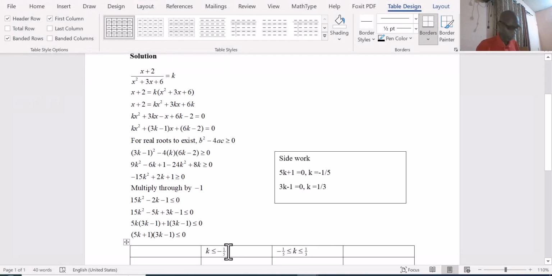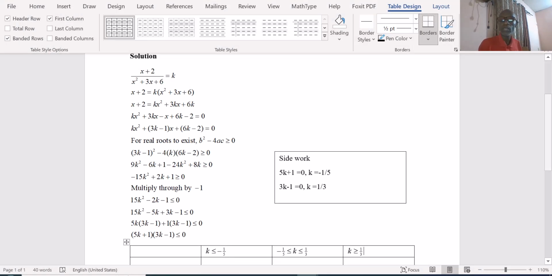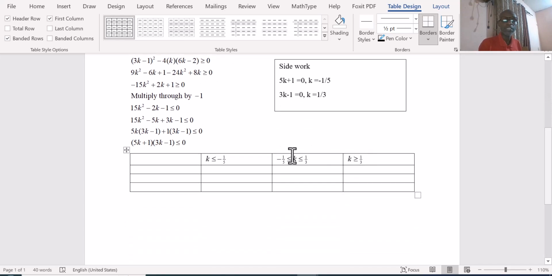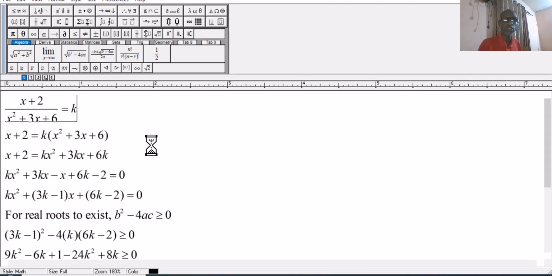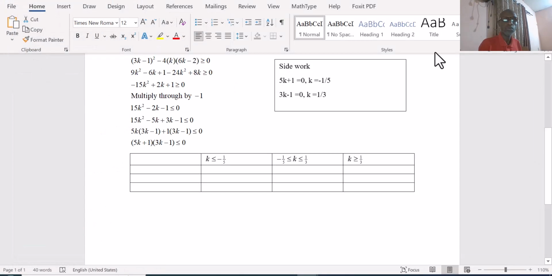Then the next one is k greater than 1/3. So I put that in the table. These are the two values I'm working with, so let me copy them and paste them here.